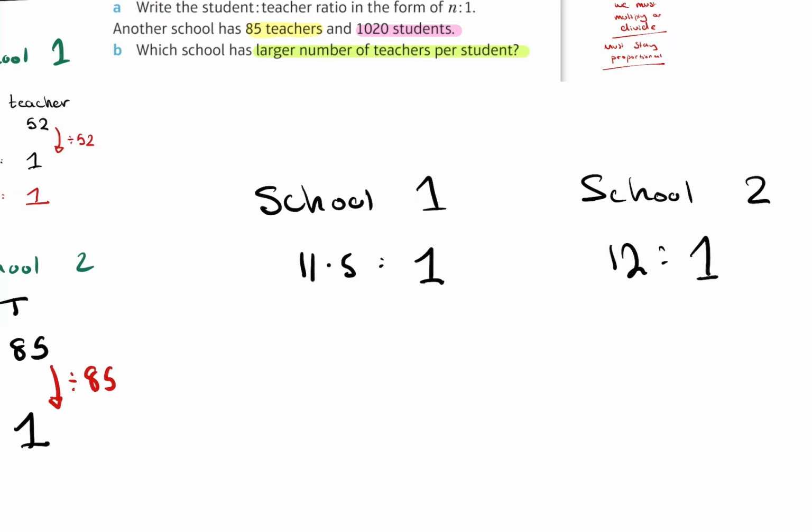Which school has a larger number of teachers per student? Read the question carefully. So essentially, you're looking for more teachers per student. It's going to be school one because they have fewer students per teacher. That's what we're going for here. School one.